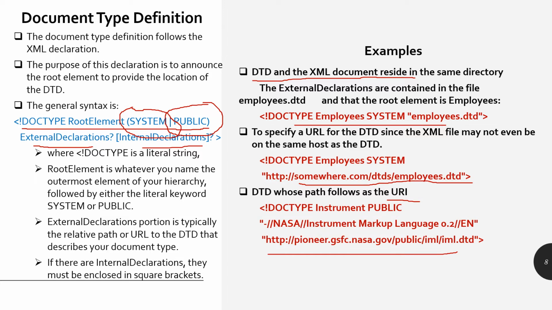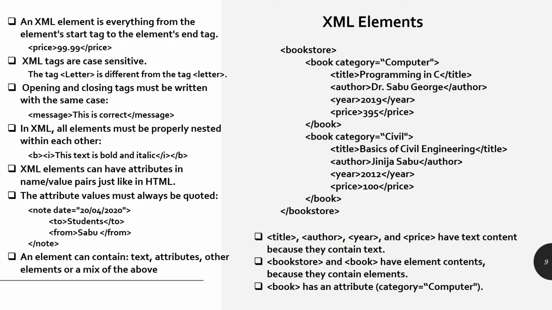This is an introduction. Now we are going to discuss XML elements. XML elements refer to what we include within the start tag and end tag. That is called an XML element.